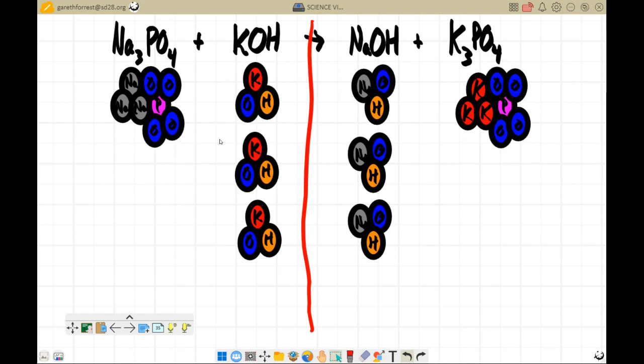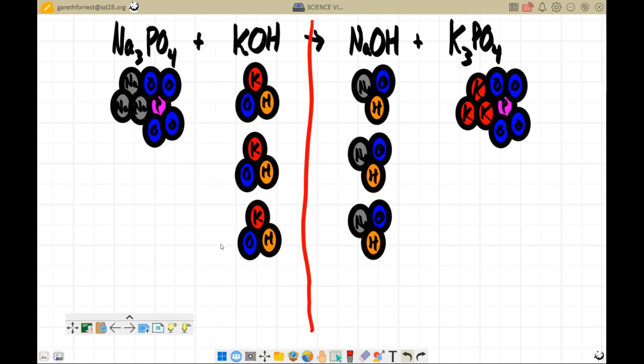Conveniently enough, copying that molecule also gave me 3 Ks on the left side here, which balances out the 3 Ks on the right side. And also, that gave us 3 hydrogens, which balances out the 3 hydrogens on the right side as well. So overall, this is balanced. We've got 3 sodiums, Nas.